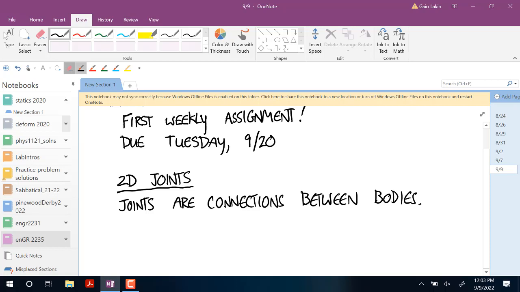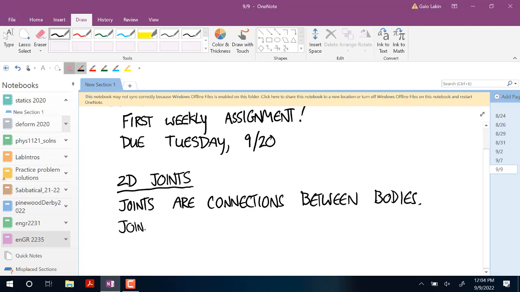And the way to think about joints is in terms of the motions that they restrict. All a joint can do is limit the motions that an object can have. If you connect two objects together, you're limiting the motions that one has relative to the one that you're considering fixed.